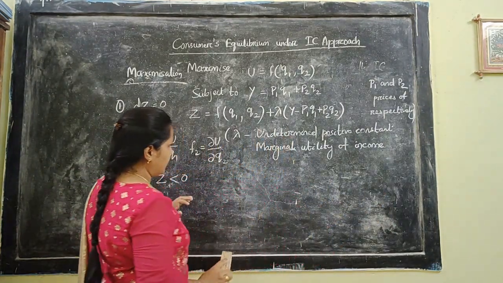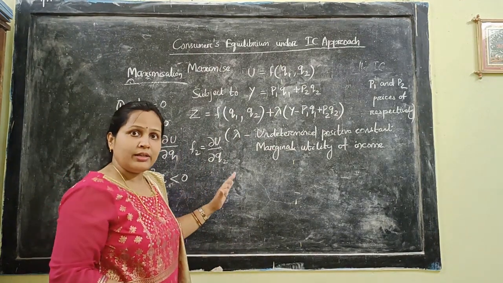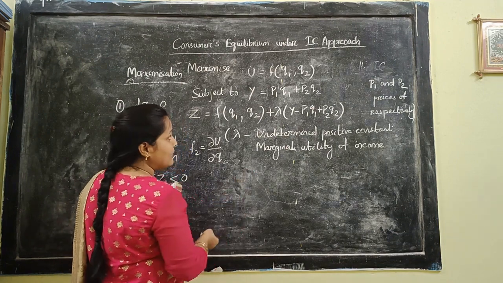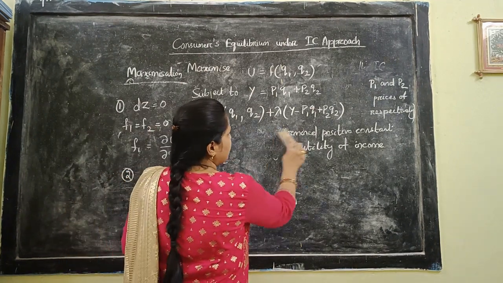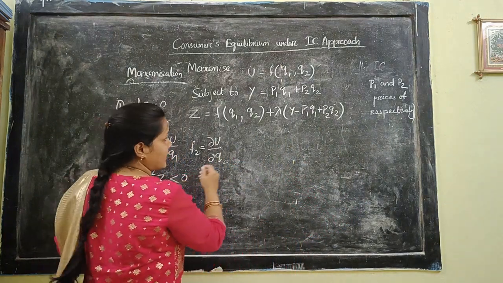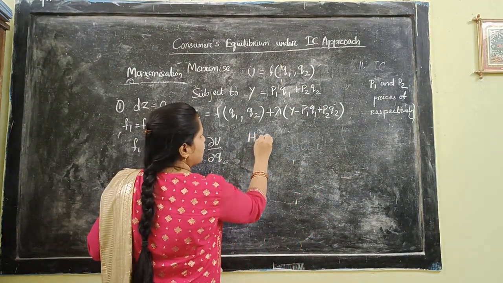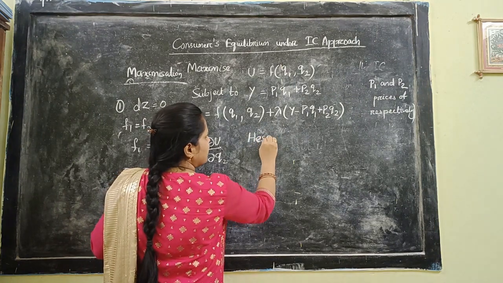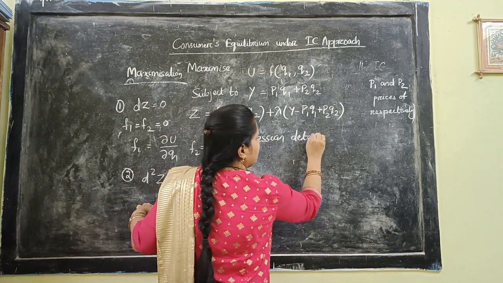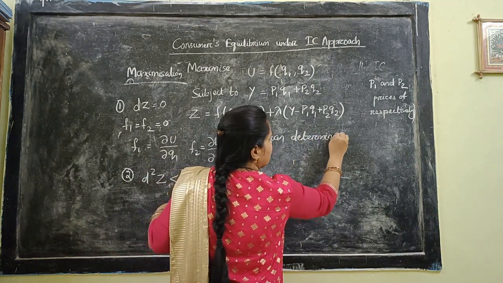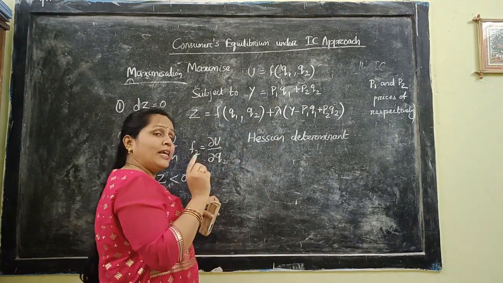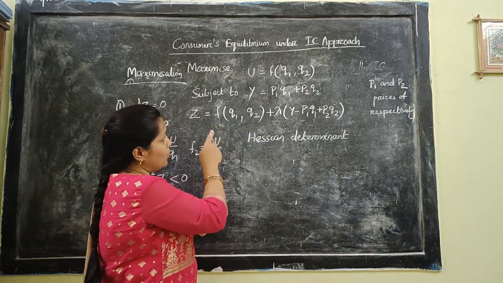And if there are no constraints, in that case, you can simply take the Hessian determinant for the second condition, which is formed taking the second partial derivatives of the commodities.